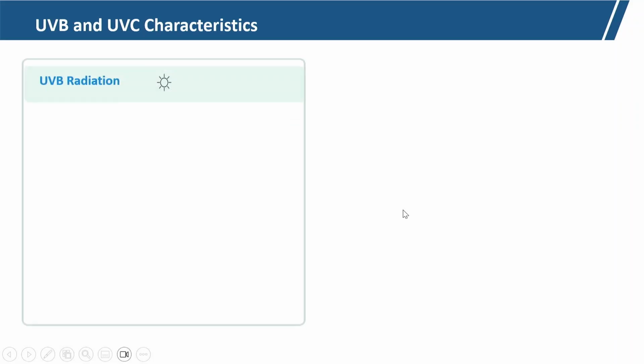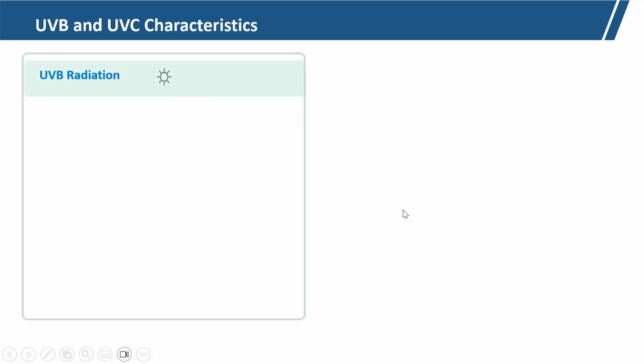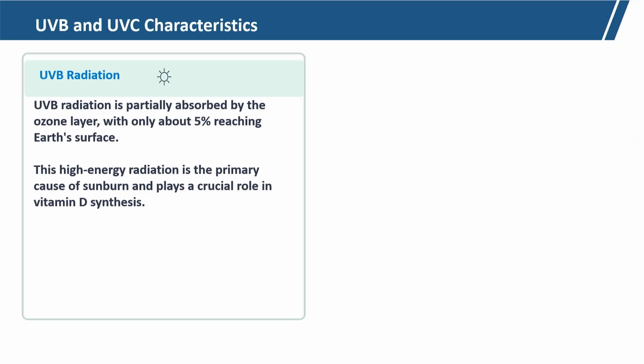Now, let us see the UVB and UVC characteristics. UVB radiation is partially absorbed by the ozone layer, and out of that only 5% is reaching the earth surface.